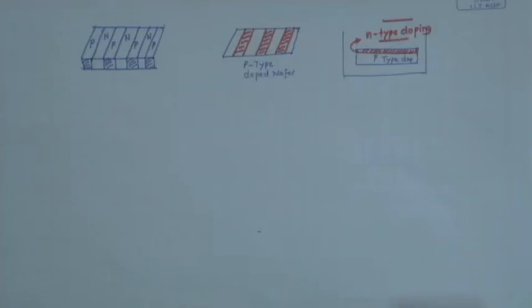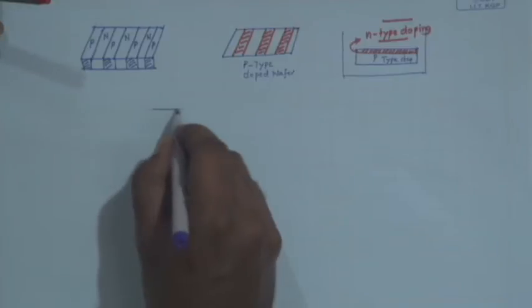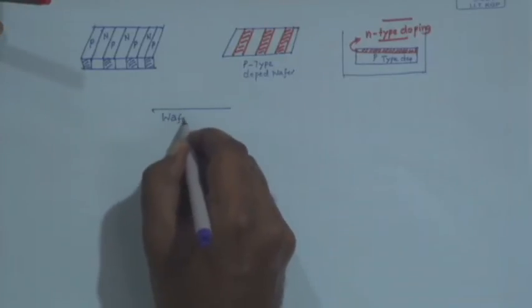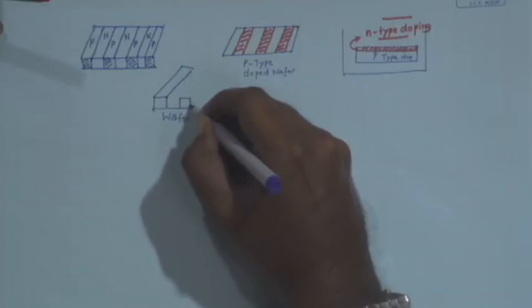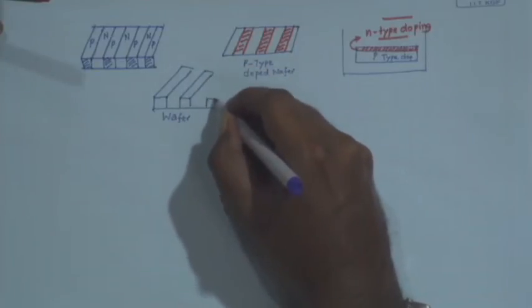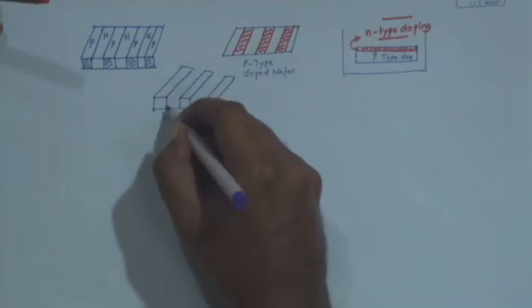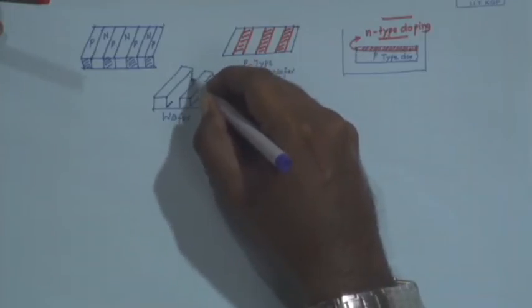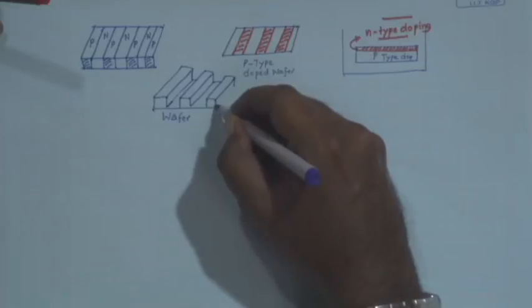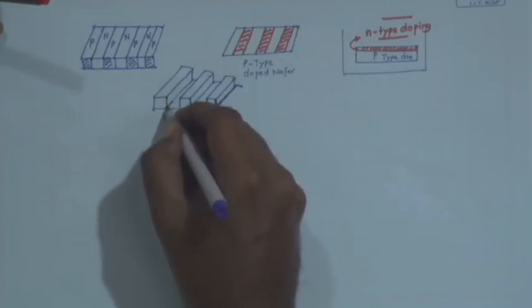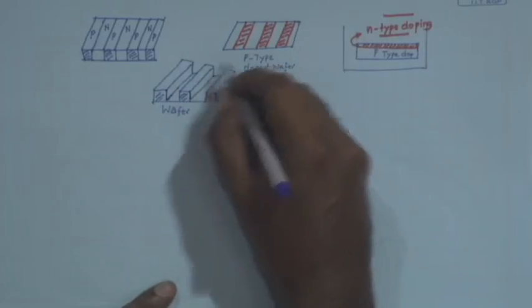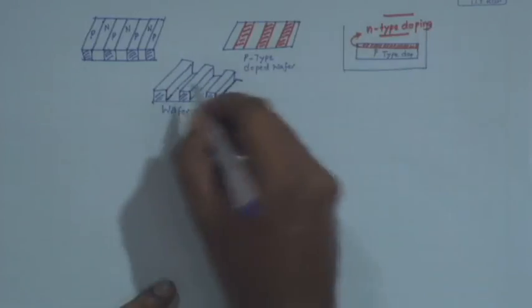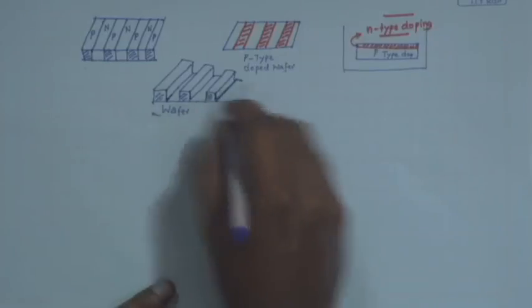You can achieve it in a way that if on your wafer you have some patterns like this, of a material, some material, what material it is, I will tell, that prevents the diffusion of your n-type dopant, and the wafer is open only at these locations.